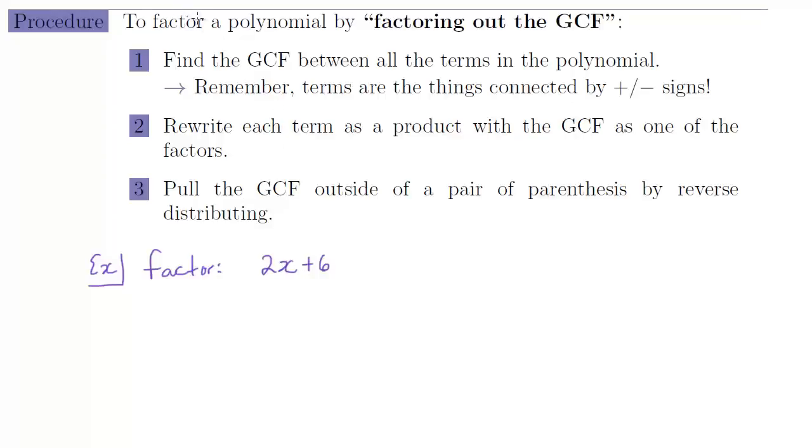So first, if you're factoring out the GCF, you have to find the GCF between all the terms in the polynomial. So if you look at 2x plus 6, these are your two terms. Right? Your first term, your second term. So you have to find the greatest common factor between 2x and 6.